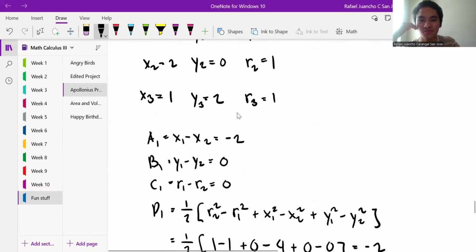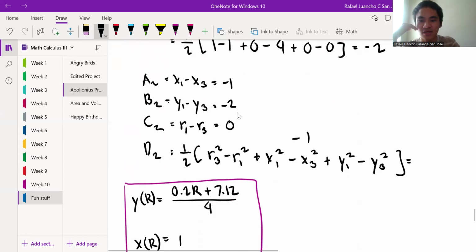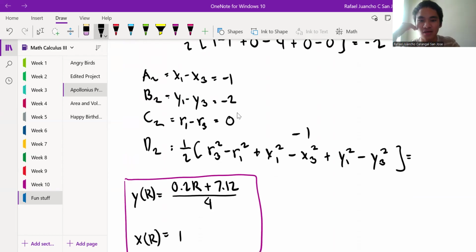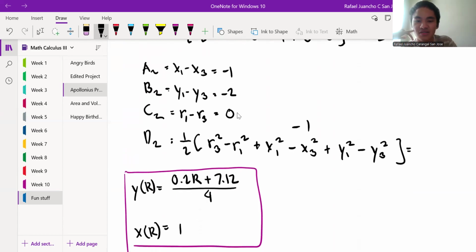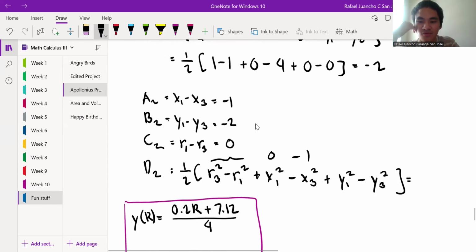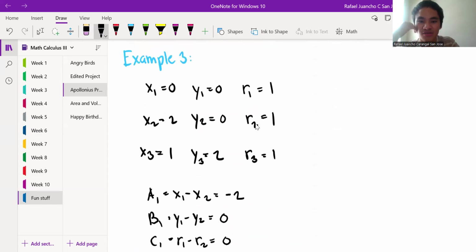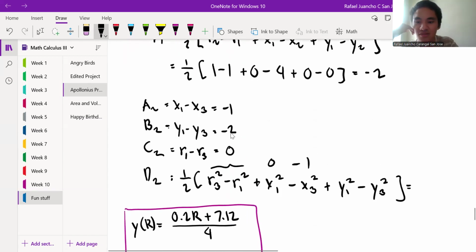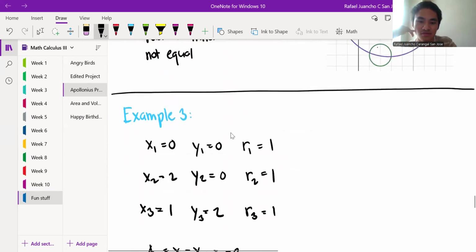And then this one is y. Here I get negative 1/2, right? Because here I get 0. This is 0. X sub 1 is 0. Y1 and 3 are, oh no, my bad. Y1 and 3. So this is 0 minus 2.